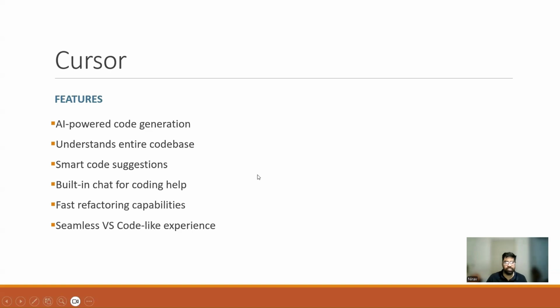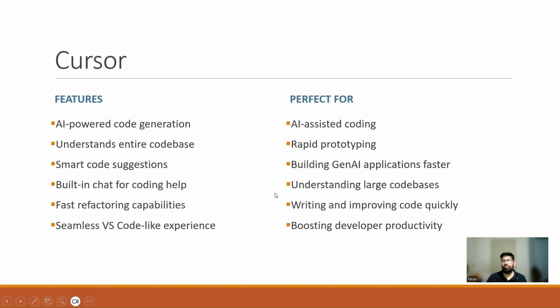But Cursor basically understands the complete, entire code base. Of course, it has built-in chat for coding help, and if you need to refactor some existing code, it will be quite helpful. And it has other features related to generative AI capability. If you want to develop generative AI related code, this is very good.